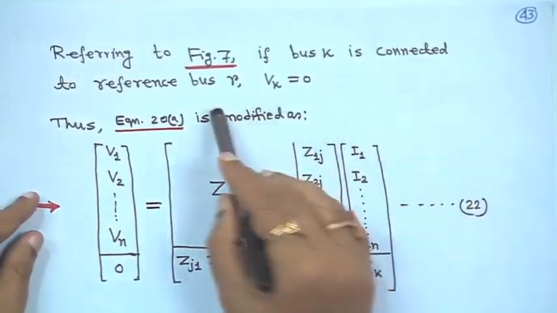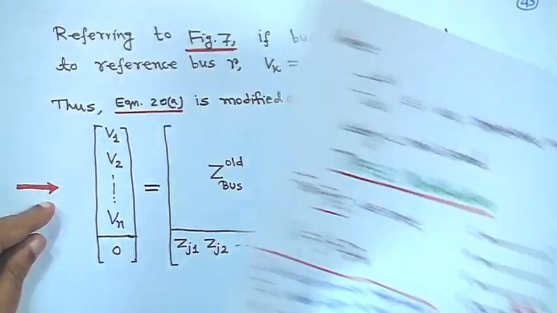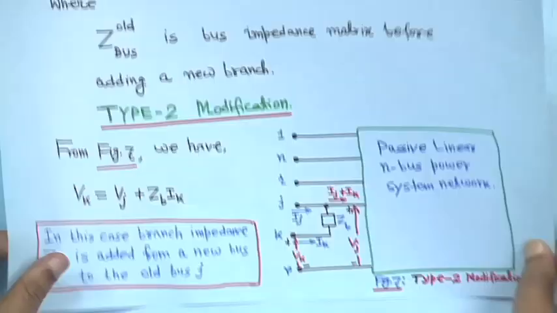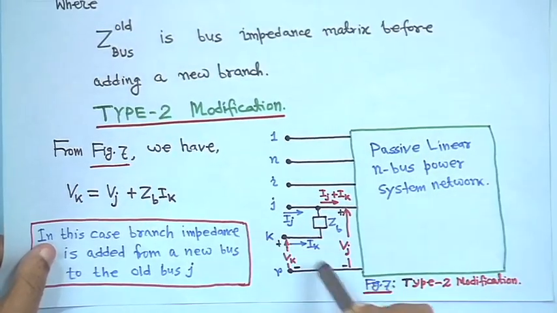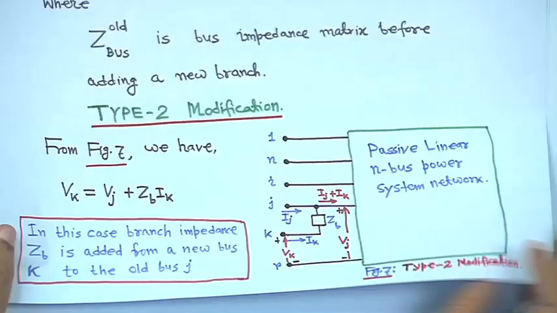If bus K is connected to reference bus R, then Vk will become 0, right. Not the current.